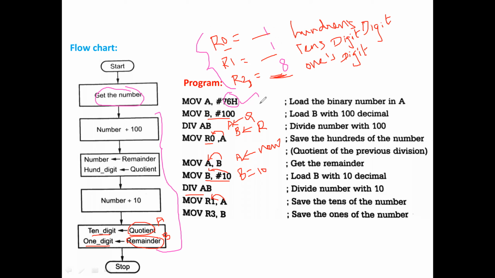Any doubt here, or shall we execute the same program in the software? We will check whether you get the same data. For this input, we are getting 118 as the decimal output.